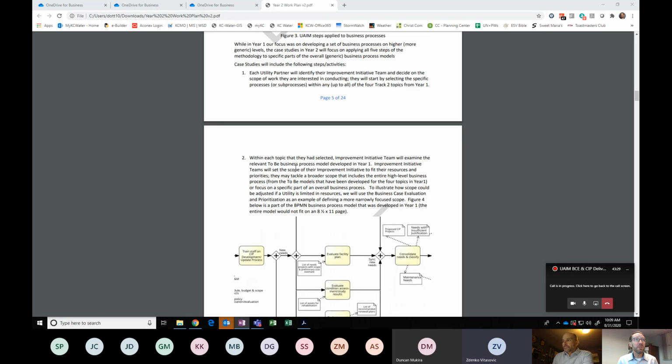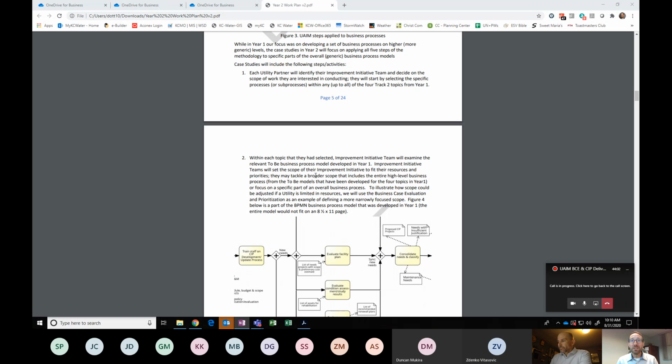And you're going to examine the to-be processes that were developed from year one, those business processes, and then identify and develop a scope of what you want to accomplish within your utility in year two, using these processes, or even just building your own processes off of these models, and what you hope to accomplish.